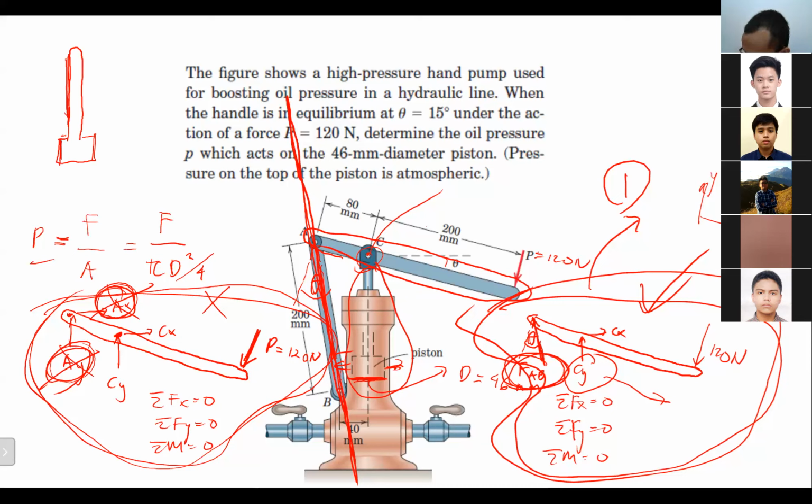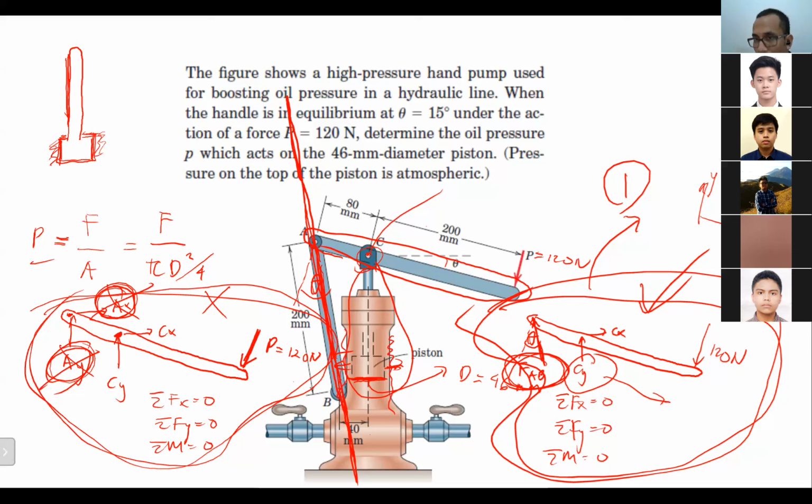When you take a look at a piston, what will happen at this particular area, Matthew? There will be friction there, right? Correct. Yes, sir. And there will be contact there as well with the cylinder block, between the piston and the cylinder block.